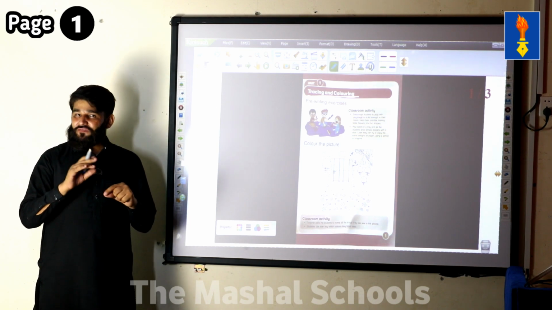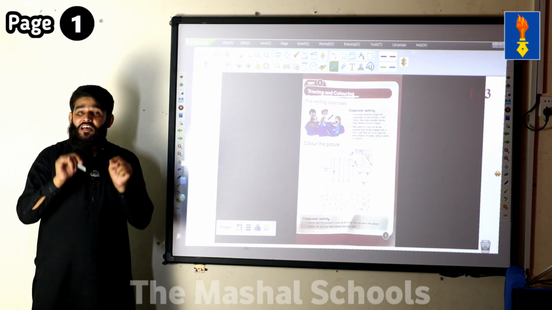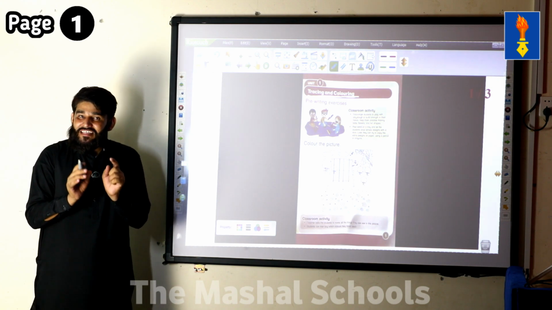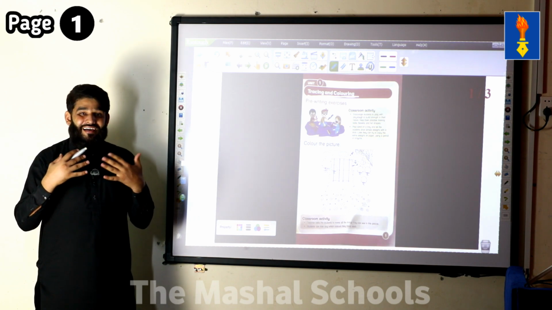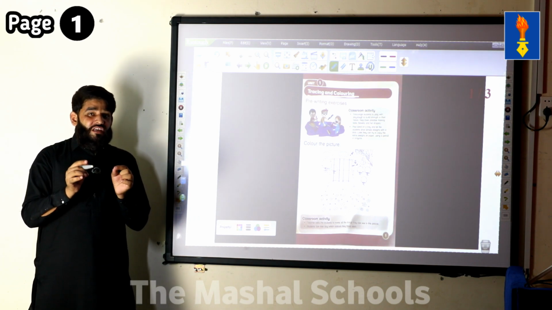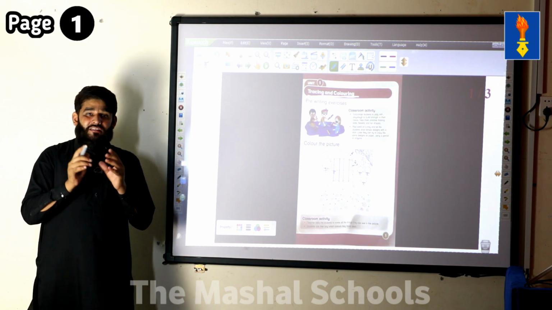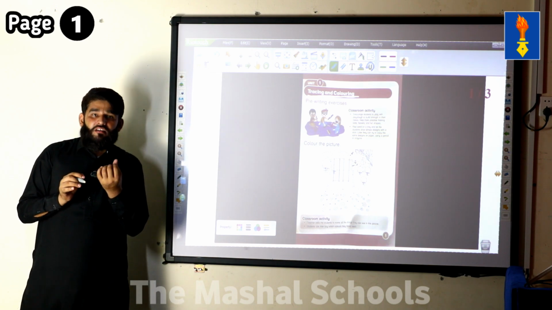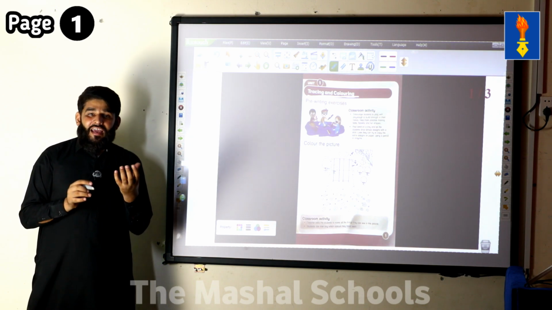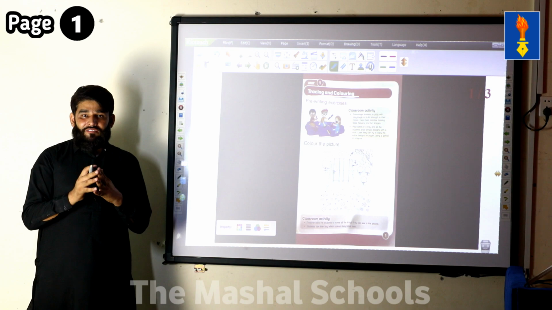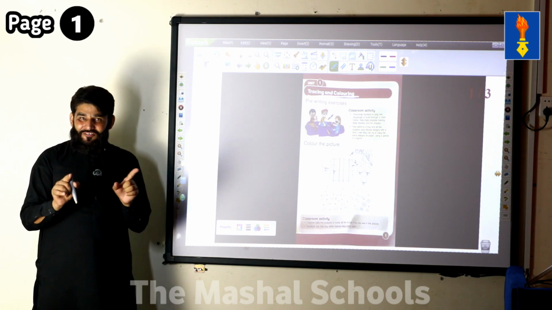For example, if you are giving a color to the tree, you have to give green color to the leaves because the tree leaves are green. Just like, if you are coloring a flower, you should be very careful that flowers are red in color, yellow in color, pink in color, and whatever colors flowers are available in, we have to give that particular color to those flowers.